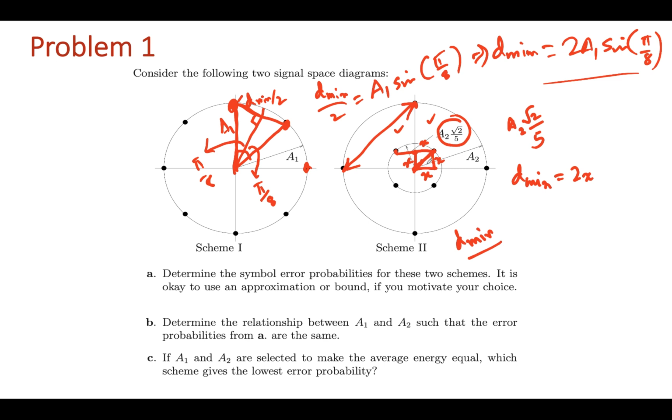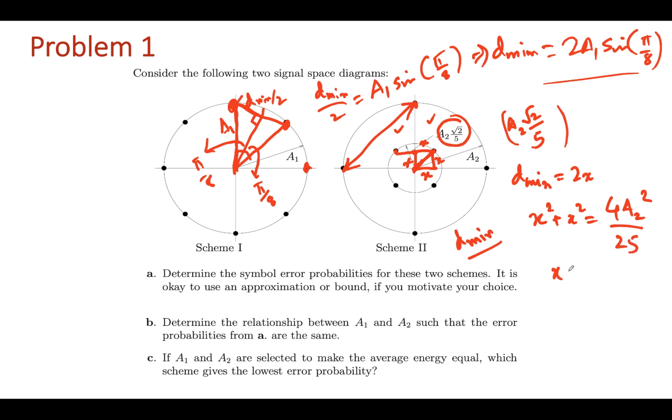D mean is twice of x, and x square plus x square is the square of this quantity, that is 4a2 square divided by 25.